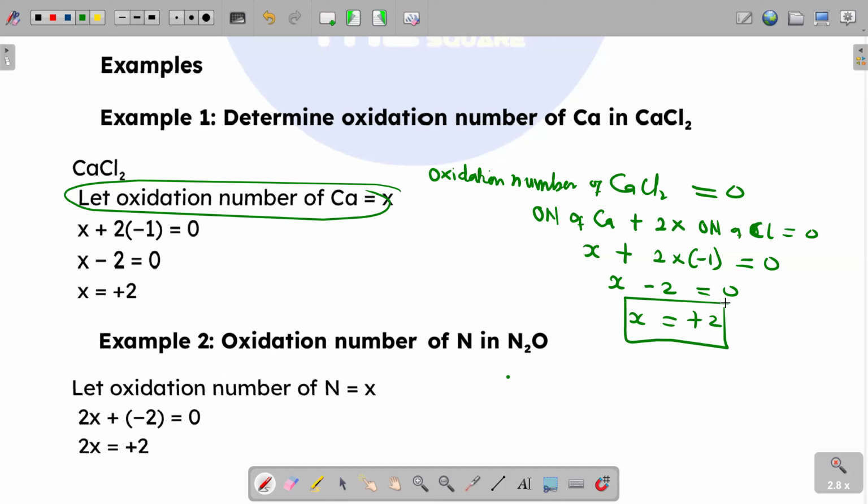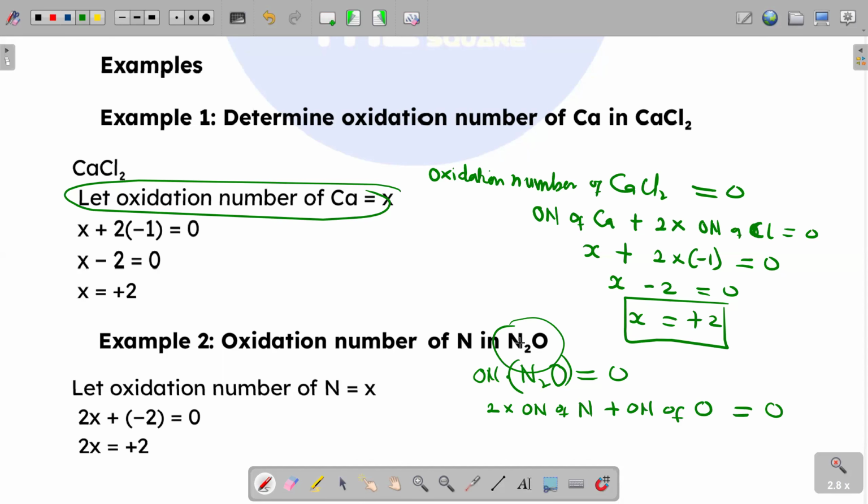Okay, so the second example, we have N2O. We want the oxidation number of nitrogen in N2O. Since this is a neutral compound, the oxidation numbers must sum to 0. So the sum, 2 times the oxidation number of nitrogen plus the oxidation number of oxygen, must be equal to 0.